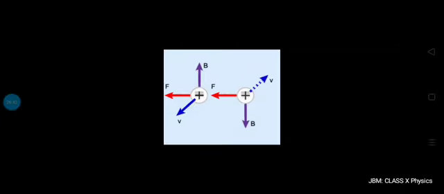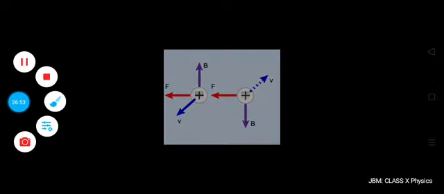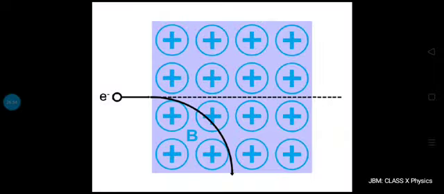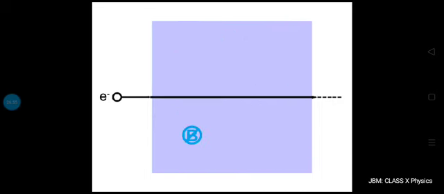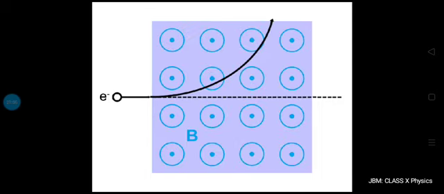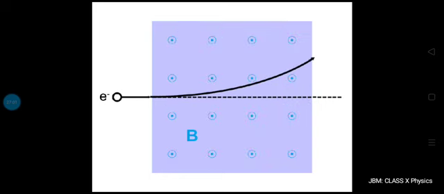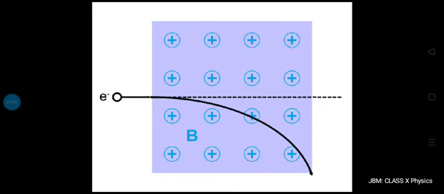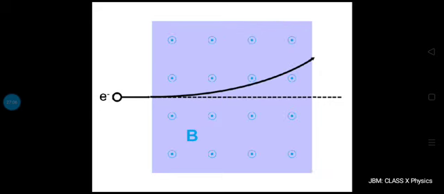So this is maximum when theta is 90 degree. So accordingly, you can see the way force is going to act. So the manner in which the deflection may take place in a charged particle, that you can have some idea from this picture.